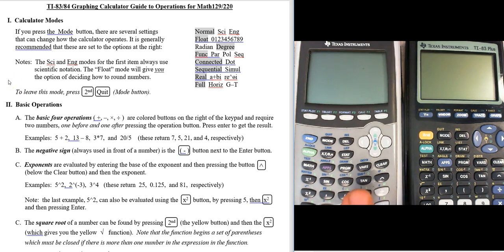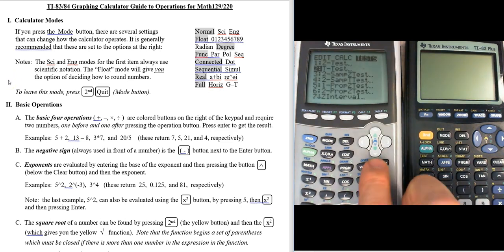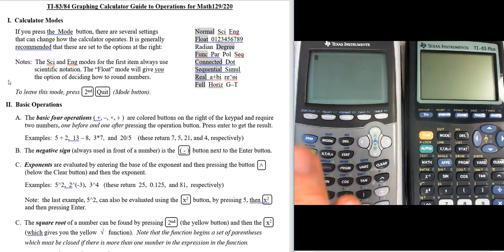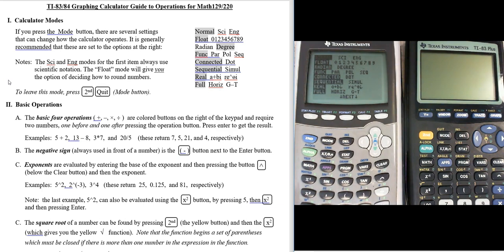and I'm going to turn on this calculator here and get it to the main home screen. So there's the main home screen, but if you hit the mode button, which is right here, you'll see a number of modes, and there's the normal calculation mode, there's the scientific or engineering.